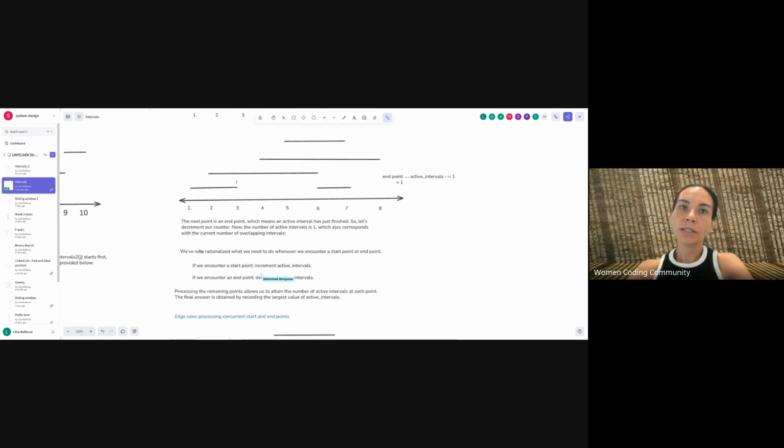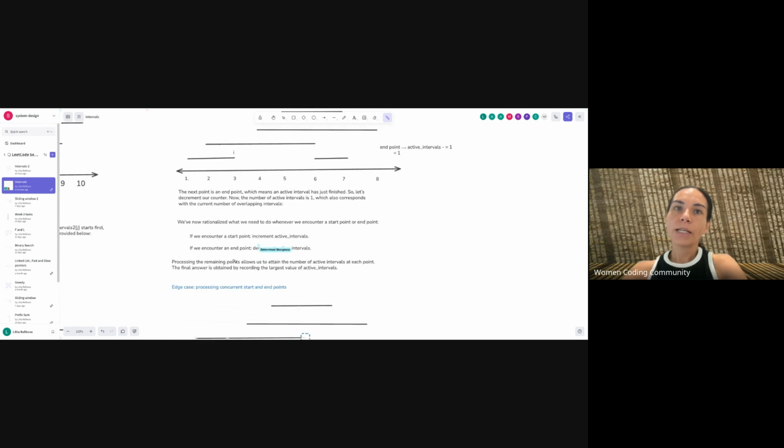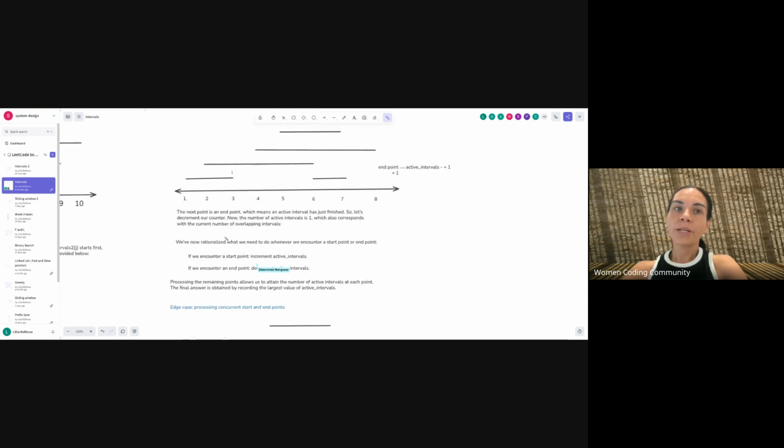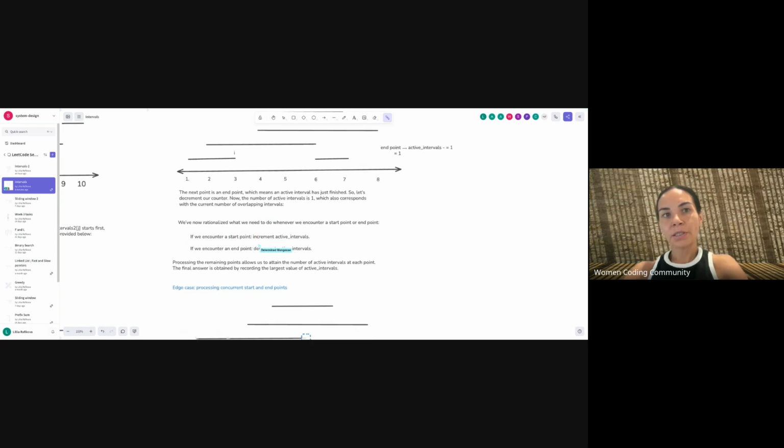So let's decrement. Now the number of active is 1. We now realize we need to do this whenever we encounter a start point or end point. So based on this rationale, we determine that we will track active intervals based on start points and end points. It means we need to track those 2 points, start and end.